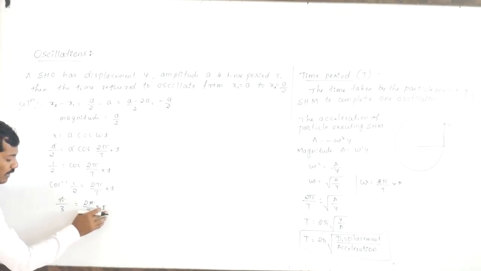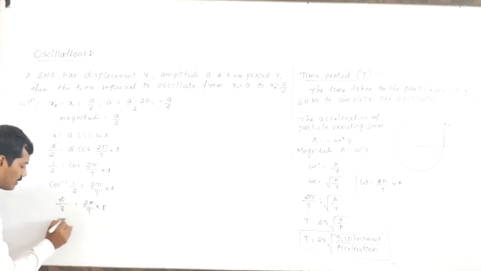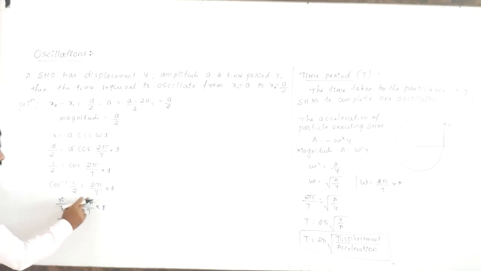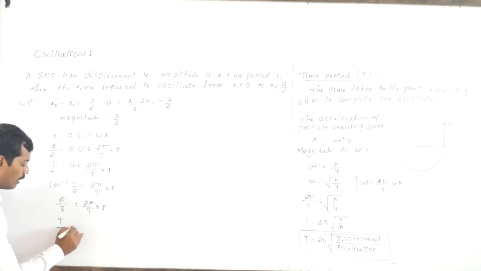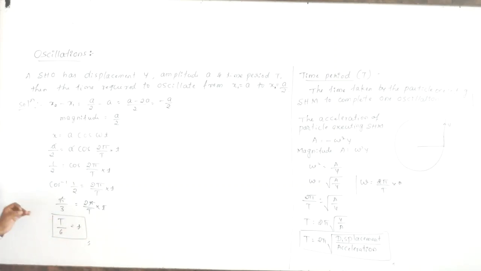What is the value of t here? The time period T becomes the numerator, and 2 times 3 becomes 6 in the denominator. The total time is T by 6.